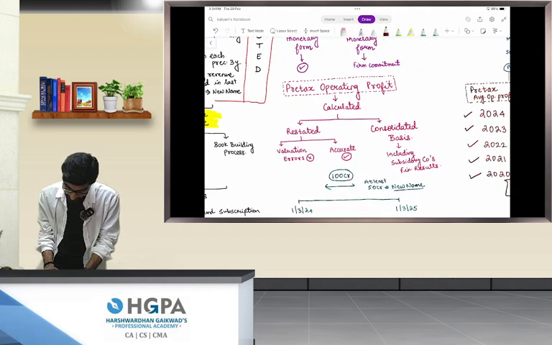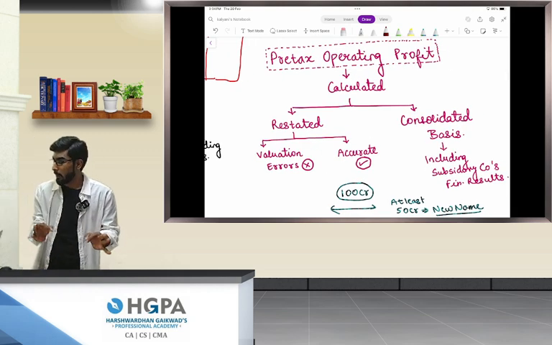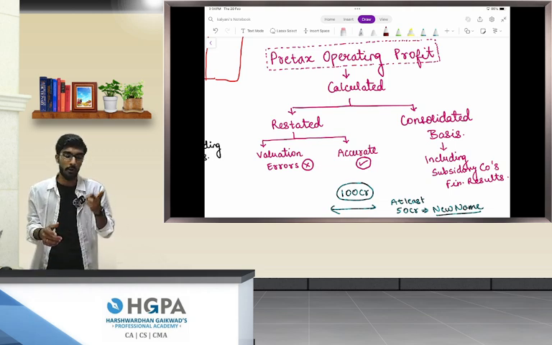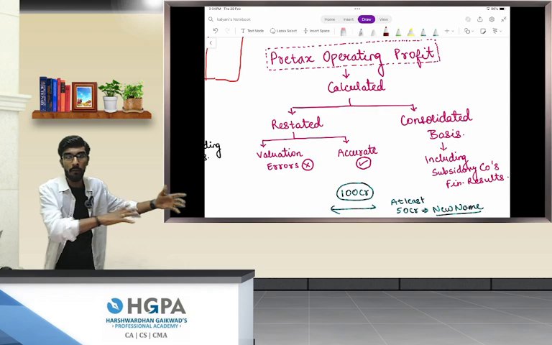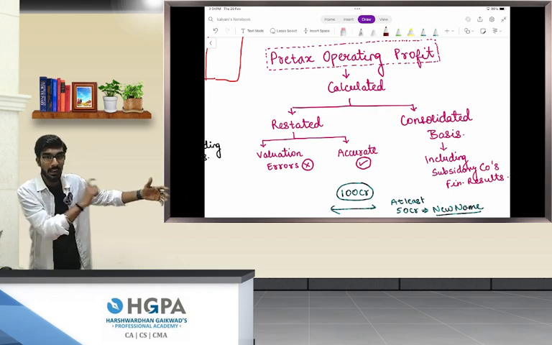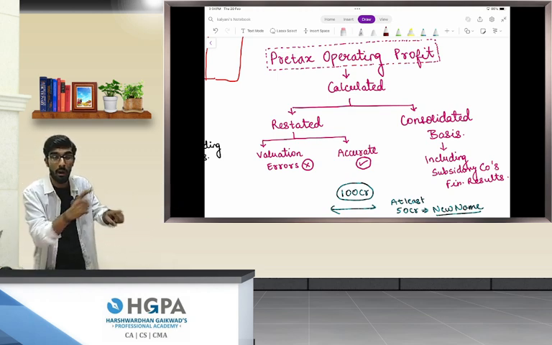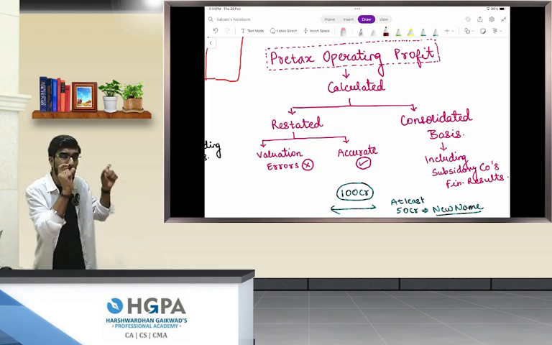People, I will tell you one more thing. When calculating the pre-tax average operating profit, you have to comply with two conditions. Number one is, it should be a restated figure. The profit that you have calculated should be restated. It should not have any valuation error or any defects. It should be very accurate.